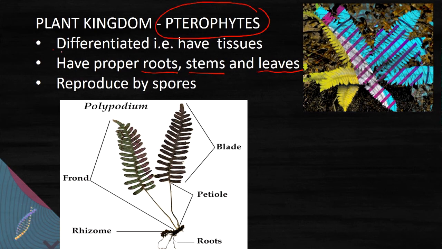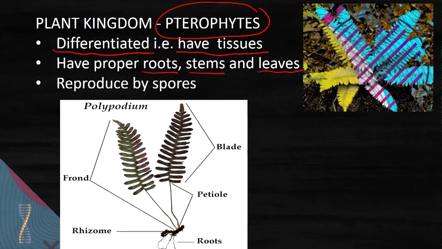And what is important is they are differentiated, meaning they have tissues. Now, tissues are very important because tissues enable the plant to survive, especially xylem and phloem. From your grade 10 work, you should remember that xylem is the tissue which transports water all over the plant. And that is why ferns can be much bigger than mosses, because they've got xylem to actually transport water all the way to the tips of the leaves.